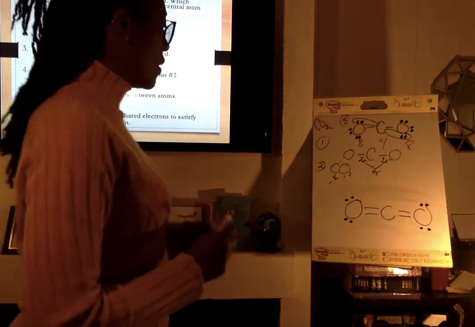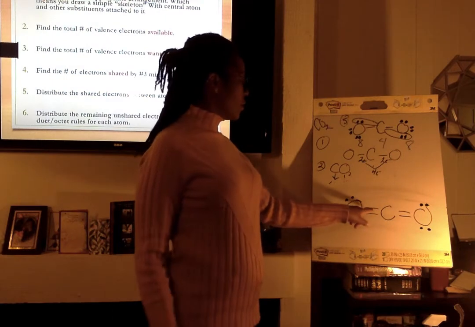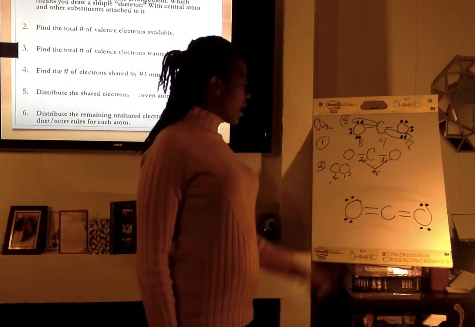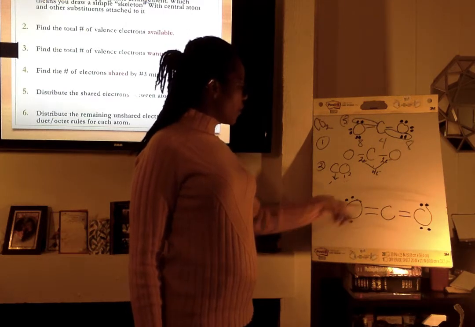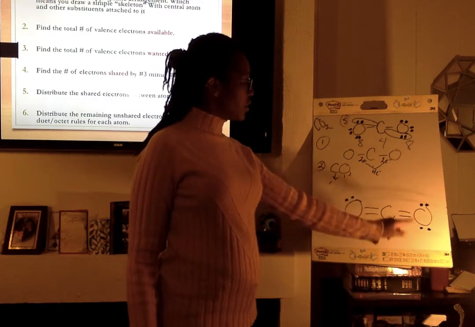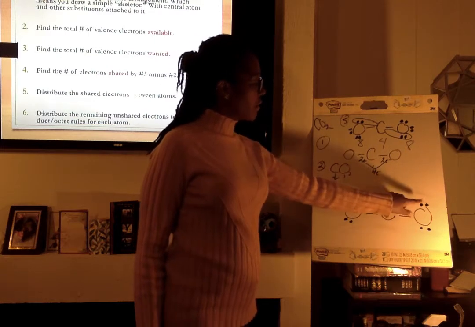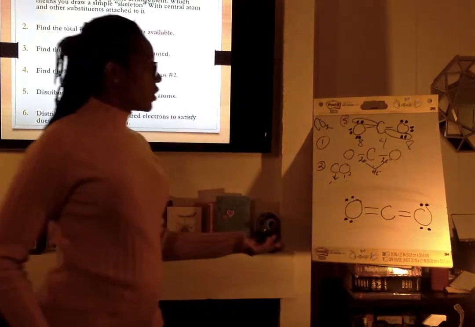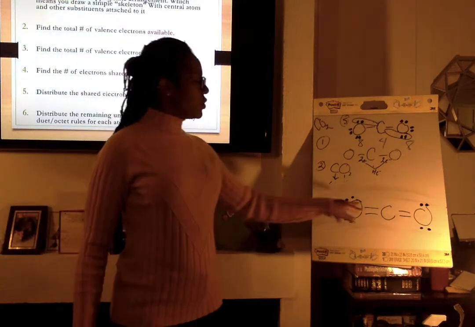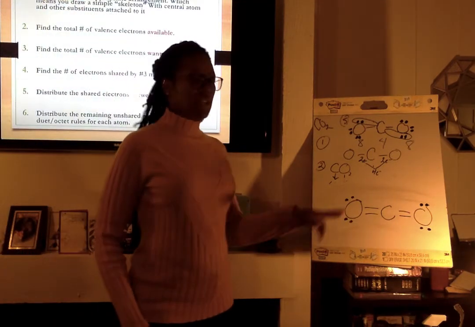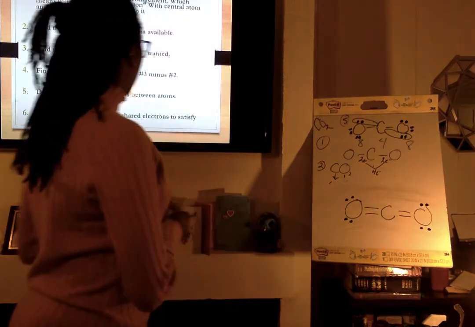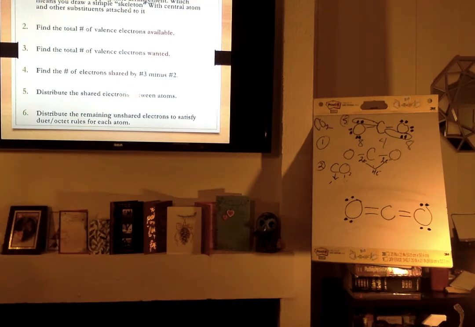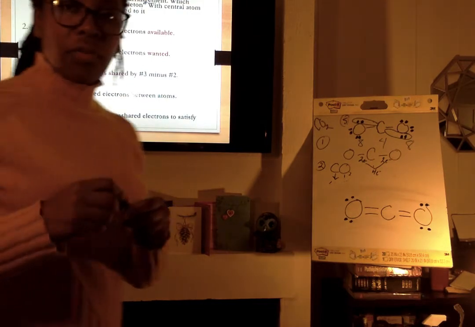The carbon will now have 1, 2, 3, 4, 5, 6, 7, 8 electrons surrounding it. And with the oxygen, we have 1, 2, 3, 4, 5, 6, 7, 8. In this oxygen, we have 1, 2, 3, 4, 5, 6, 7, 8. So our final formula, our Lewis dot structure, is now going to have 2 double bonds of oxygen bonded to the carbon. Okay?